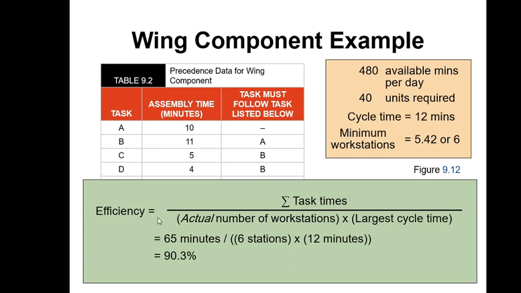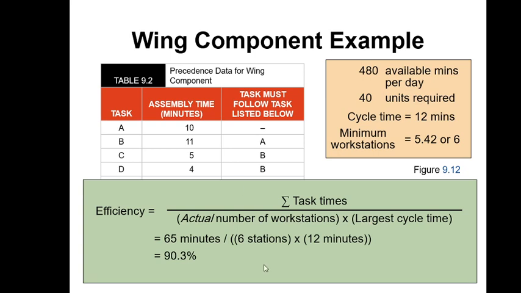So efficiency is always equal to the sum of task times divided by what we call the allocated time. Don't forget that the actual number of workstations is 6, isn't it, in our question? Now multiply by the largest cycle time, which is 12. So 6 multiplied by 12 is 72.